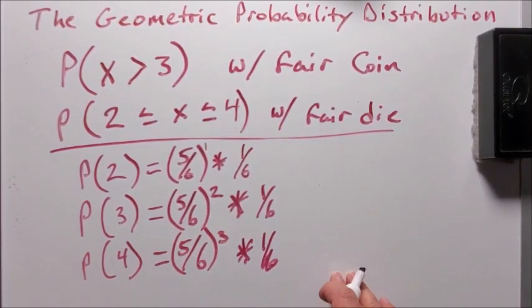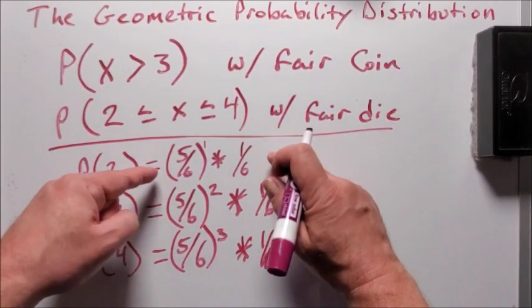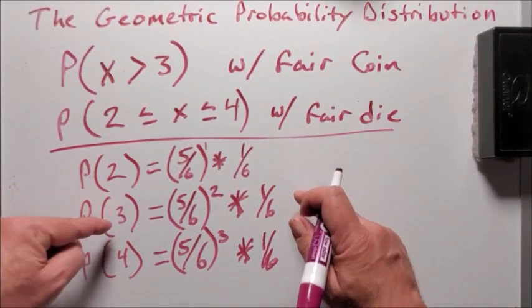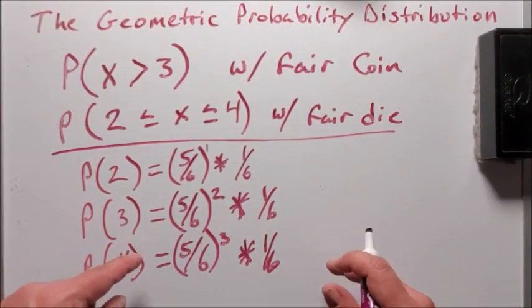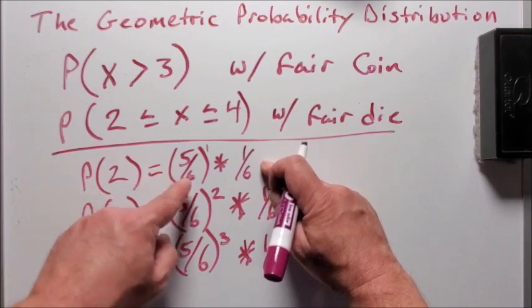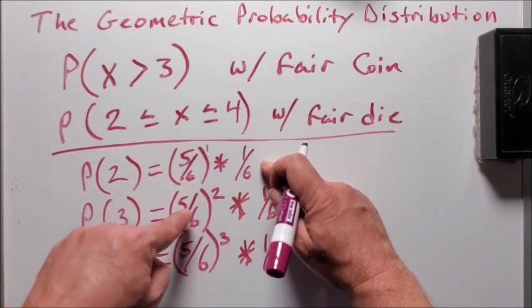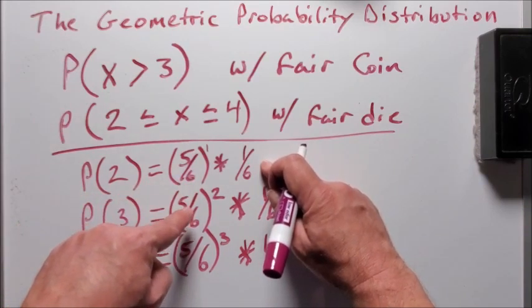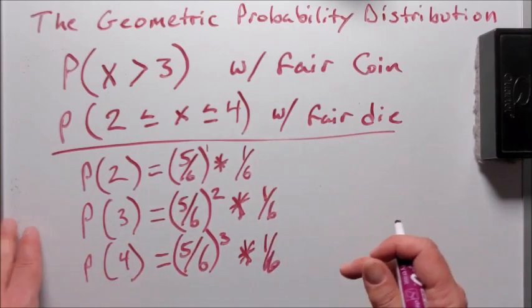So what do we have? We have something which, as we increase the number of trials before the expected success, we really have the same expression which continues to be multiplied by 5/6, the probability of failure, ever greater times.